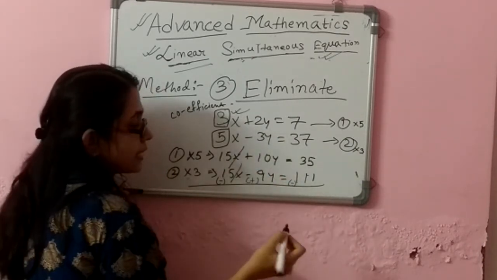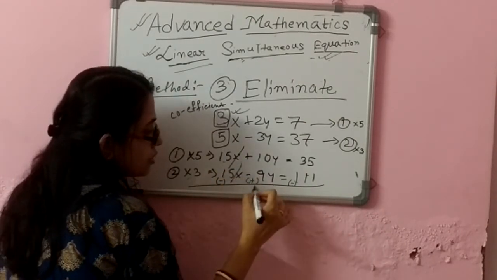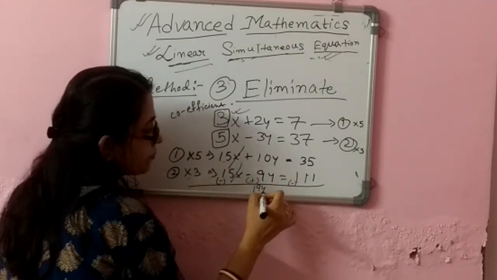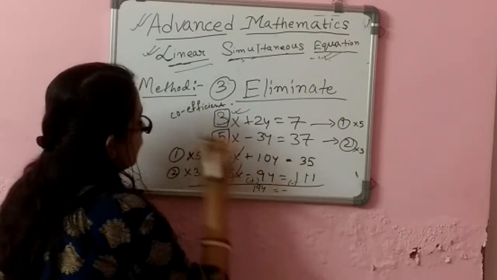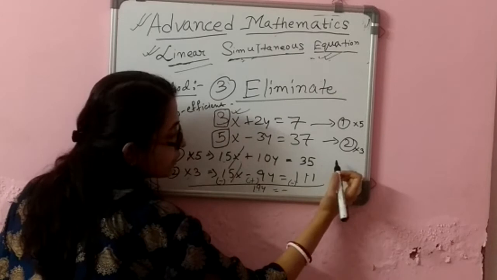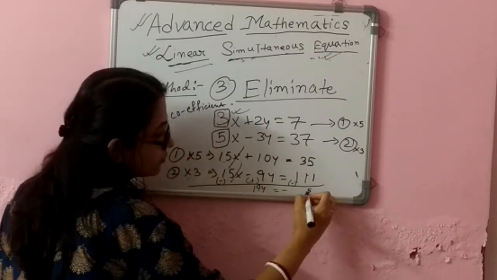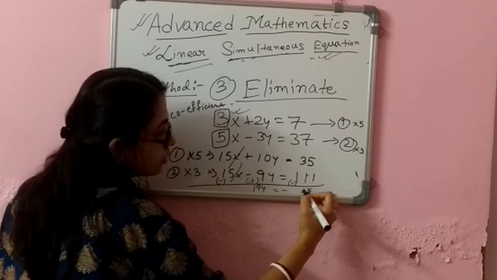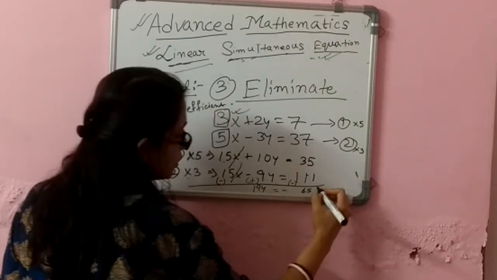The x will get subtracted because it is also 15x and it is also 15x. So it is 19y, fine, minus 111 minus 5. Like that. Right. I guess I am right.